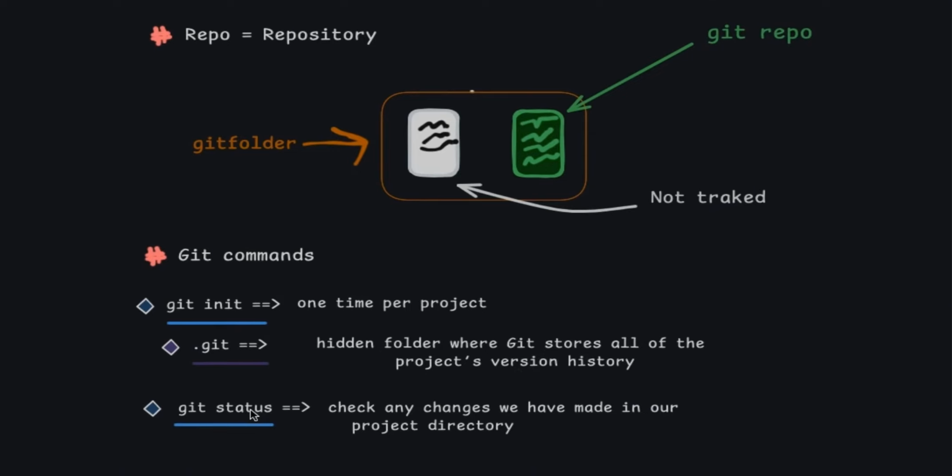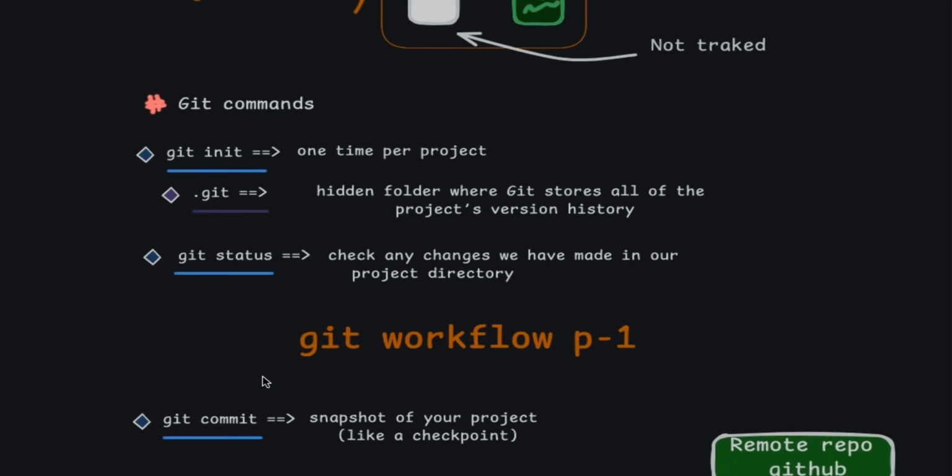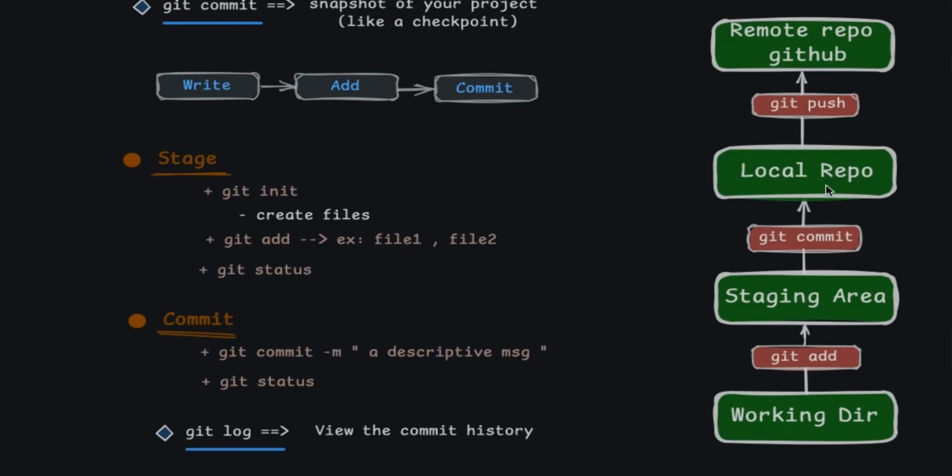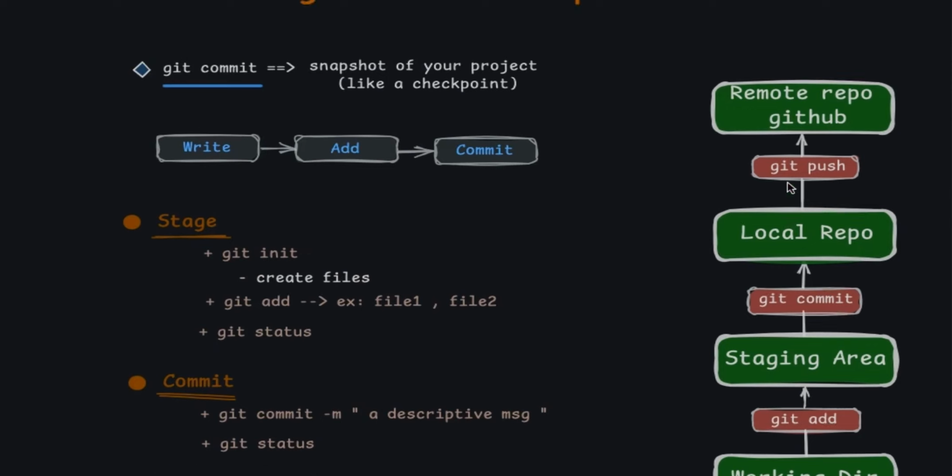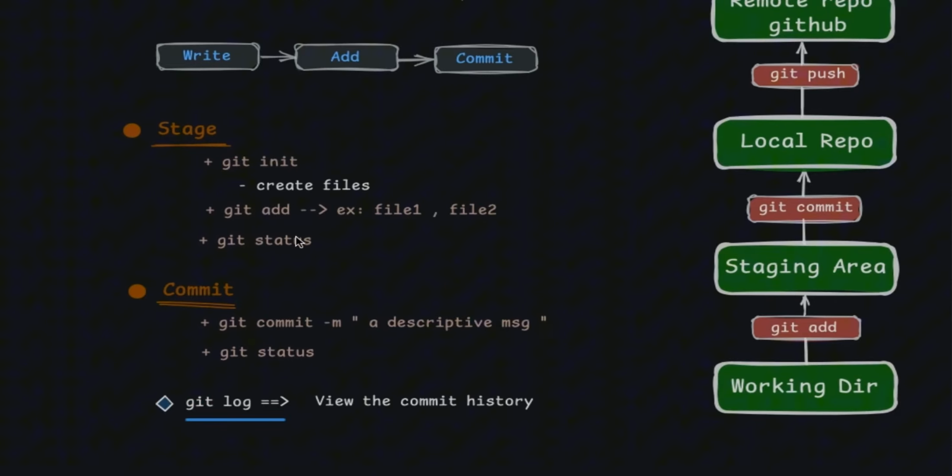And later on, we learned about the Git workflow, part 1, which goes from the working directory until the local repo. And later on, we will learn how to push our project or our Git repo to the remote server or to our GitHub. So this section will be later on, don't worry. And we learned also about the git log commands. This one checks the commits, the history or details, and that's it for now.